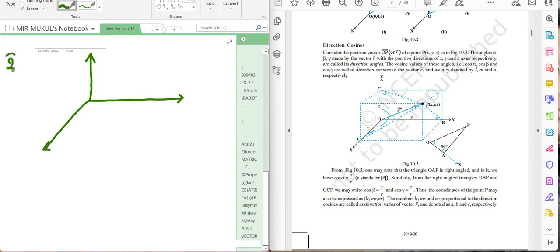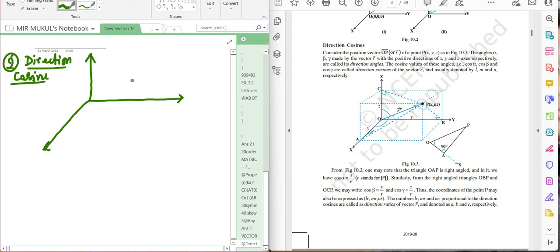So the second concept is direction cosine of a vector, right? So direction cosine meaning is, suppose this is x-axis and this is y-axis and this is z-axis.